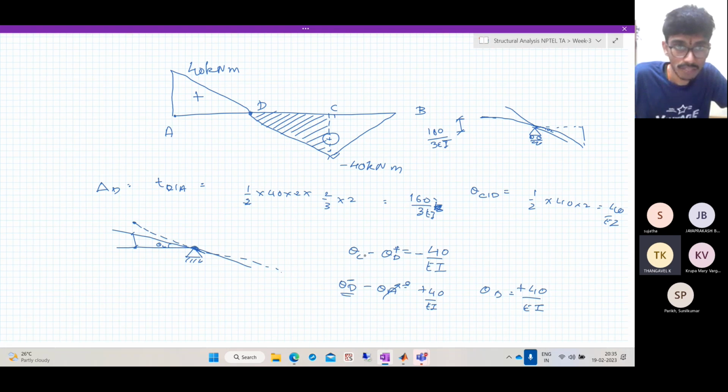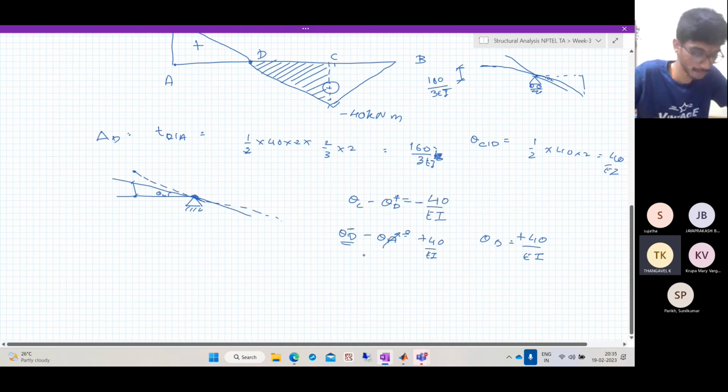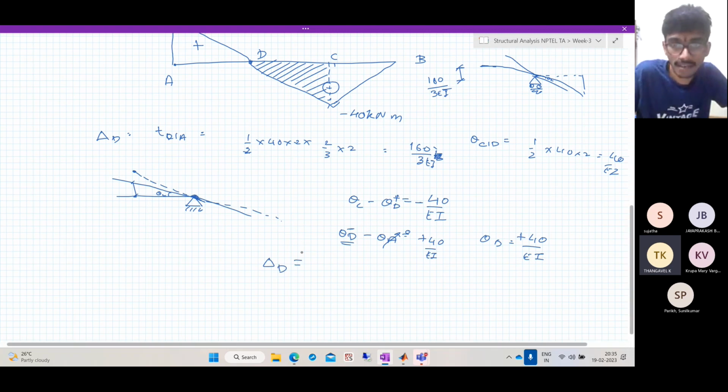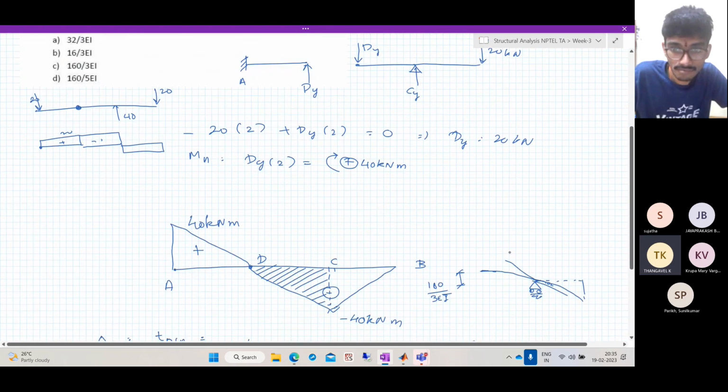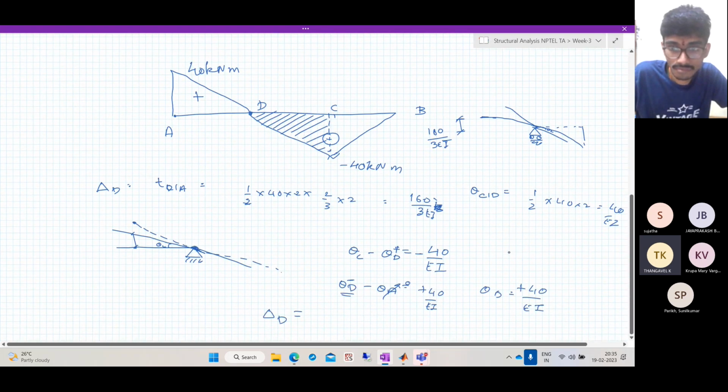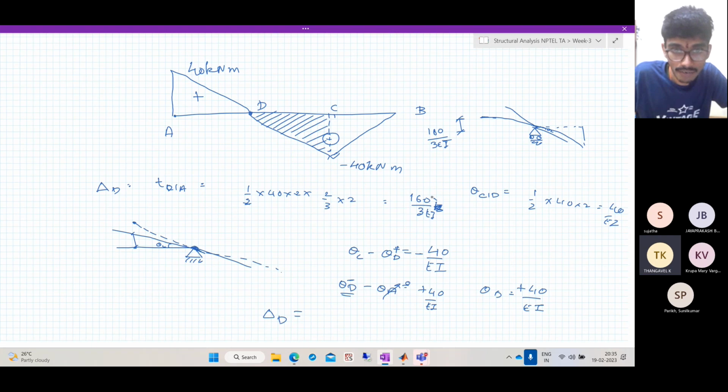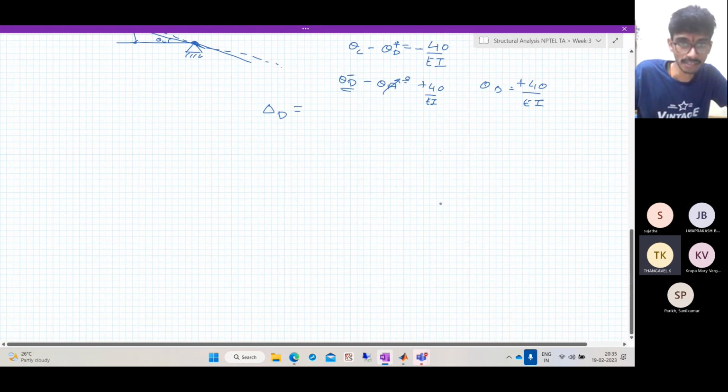And what else do we know? We know the displacement of the point D as 160 by 3 EI.